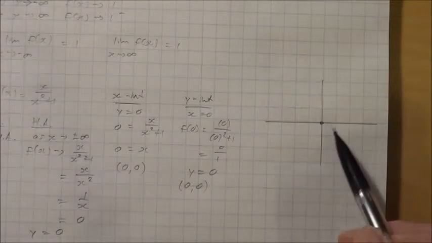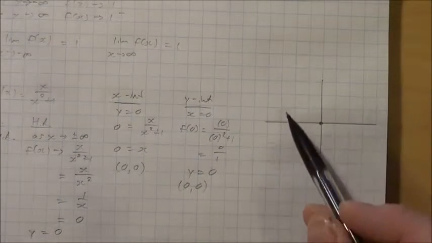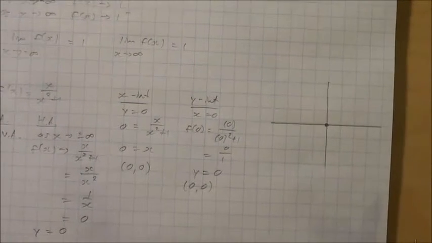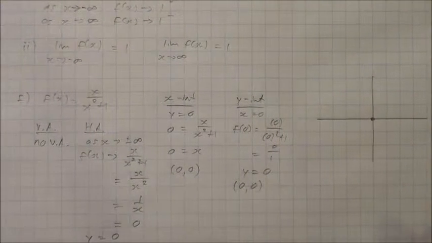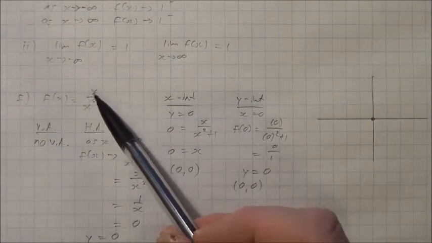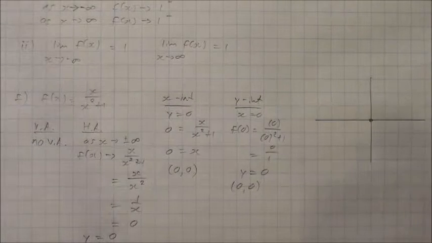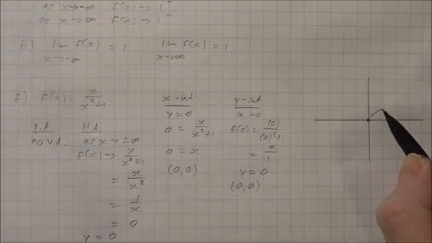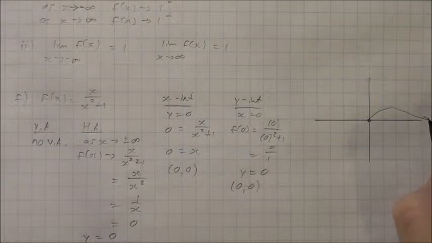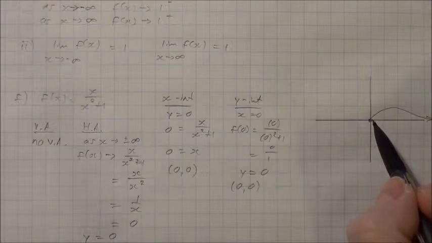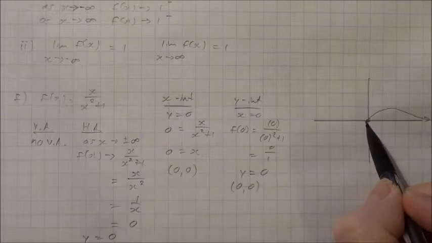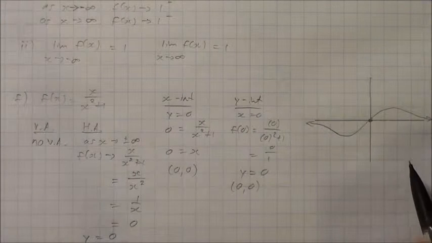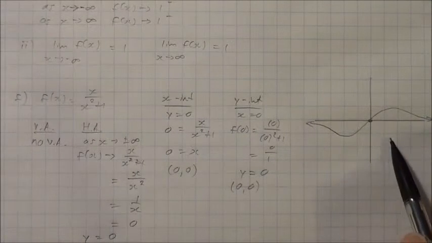This is going to be an interesting little graph, but from plotting a couple of points, choosing a few values of x, I noticed that the graph goes something like this. It comes up and then down, approaches the horizontal asymptote of the x-axis, y equals 0, and it does the same thing here. It dips down and then back up, approaching y equals 0. So that's what the graph looks like.